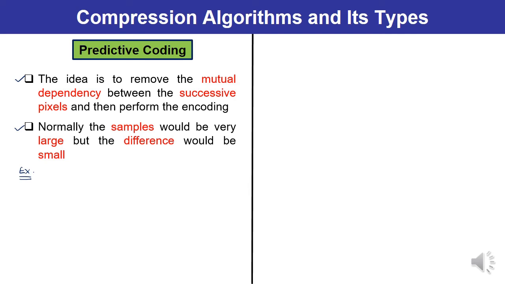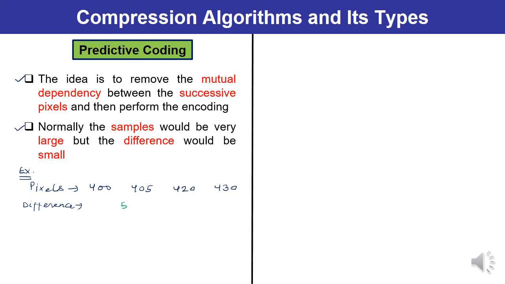Suppose we have certain pixel values: 400, then 405, then 420, 430. If these are the pixels which need to be transmitted, now let us take the difference of these. What would be the difference between the adjacent pixels?